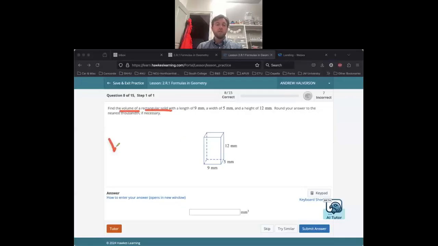Go to Google, and it will tell you it's length times width times height. So we multiply the three values, length, width, and height. Looks like it's 540. I'll leave you to do the answer, but it's just more of the same.